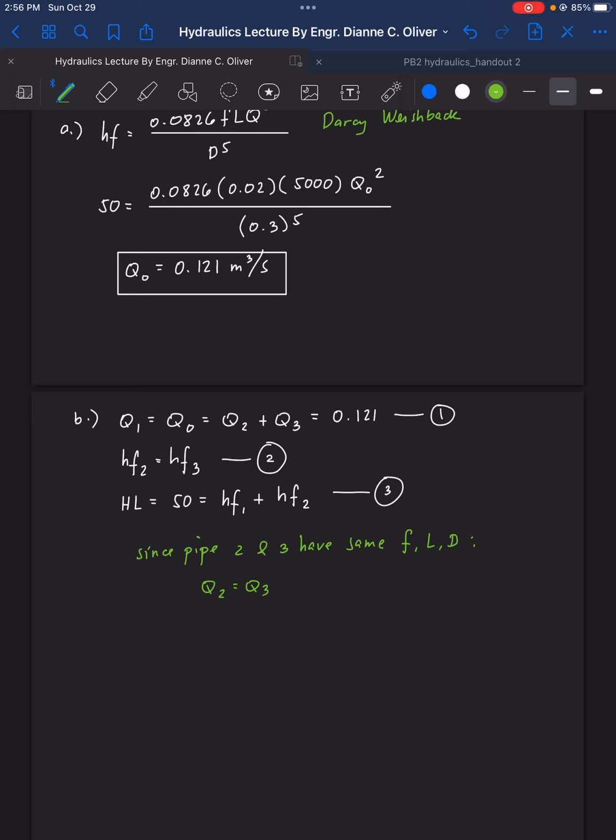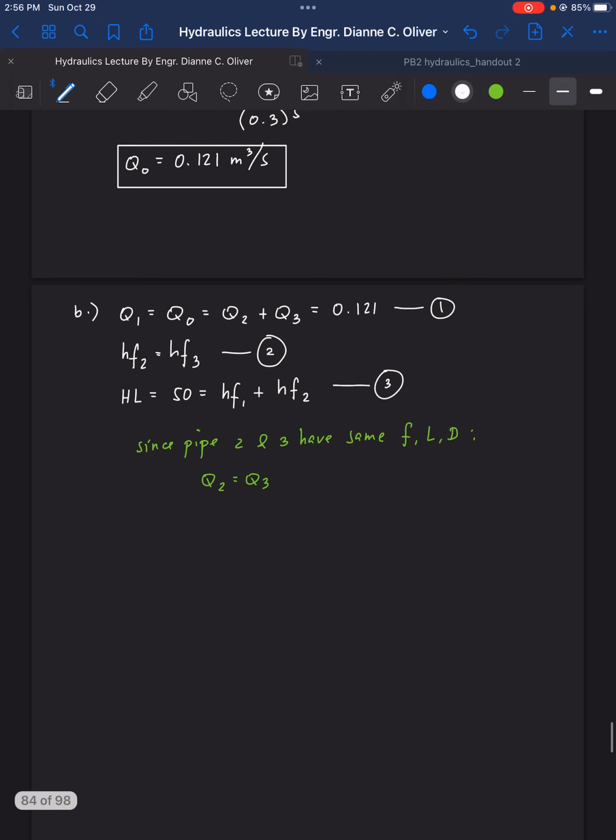They have the same rate of flow. Therefore Q1 is equal to twice of Q3, since we're looking for Q3. So twice of Q3.